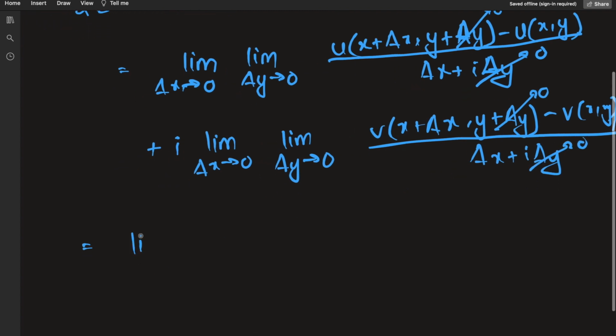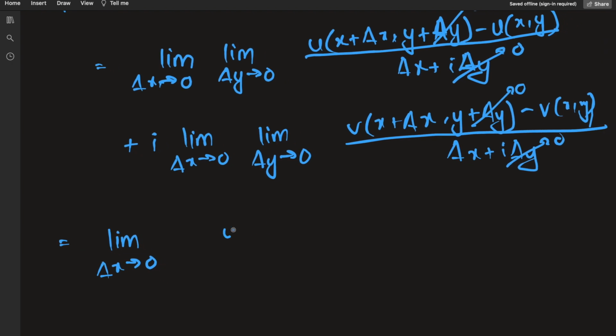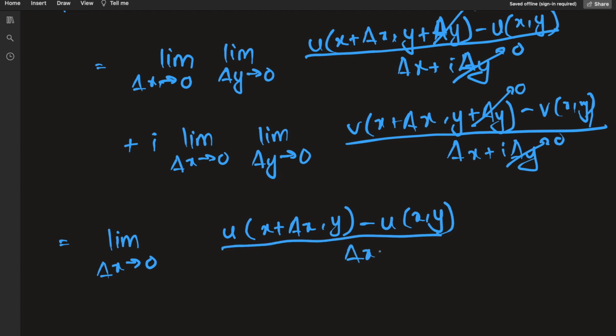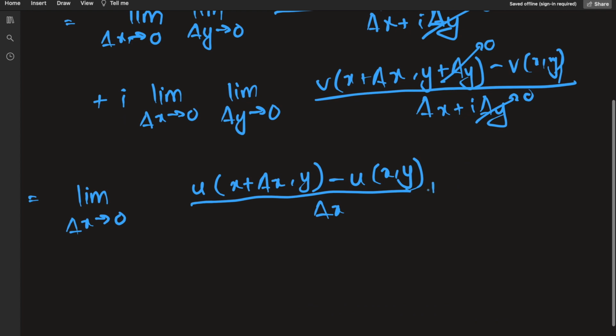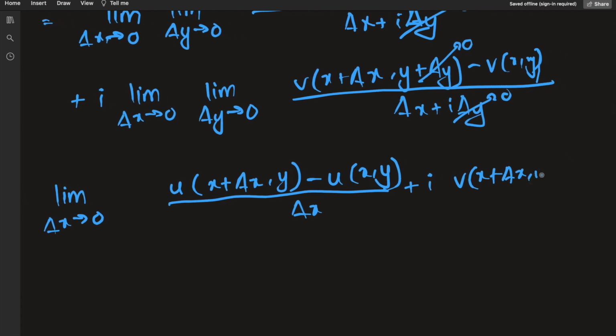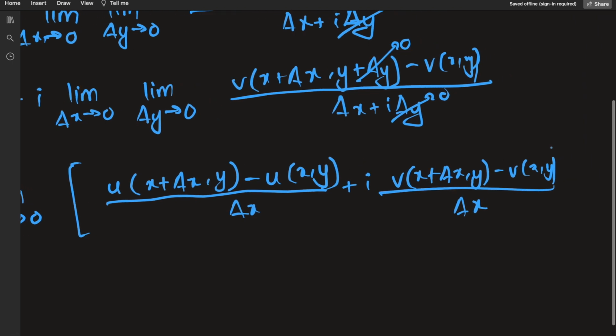So finally we have the limit as delta x goes to 0 of u of x plus delta x, comma y, minus u of x y, over delta x, plus i times v of x plus delta x, comma y, minus v of x y, over delta x. Of course, this is bracketed out.